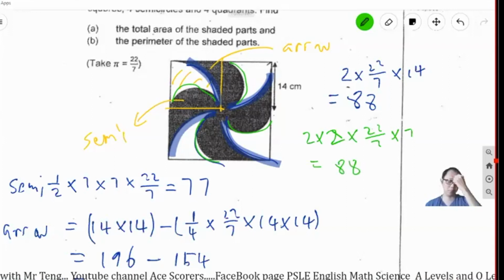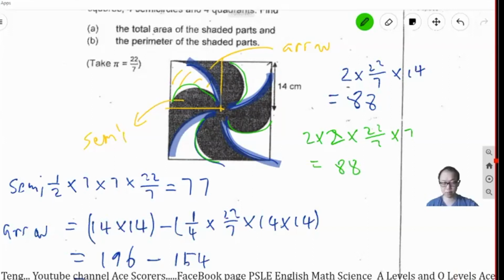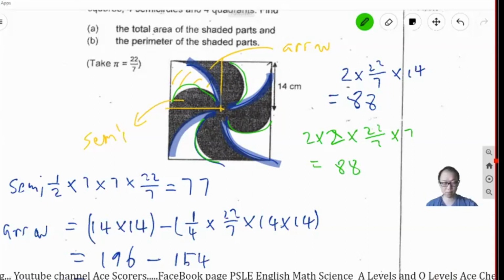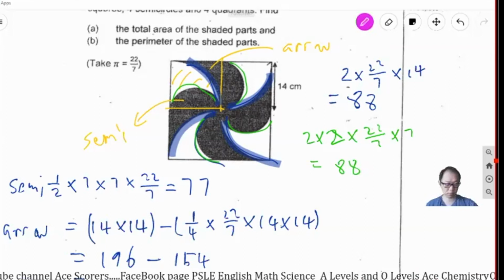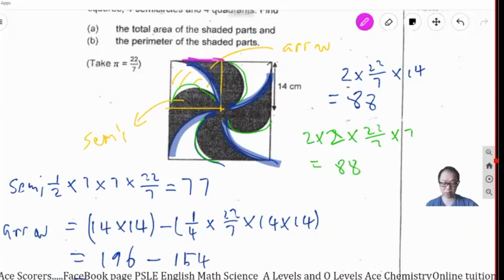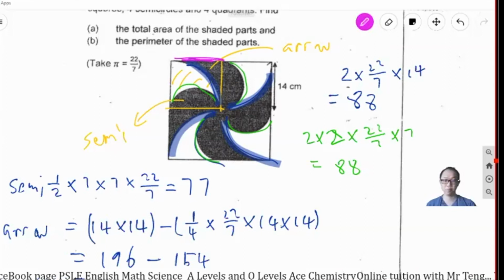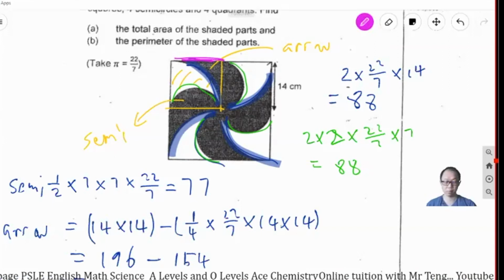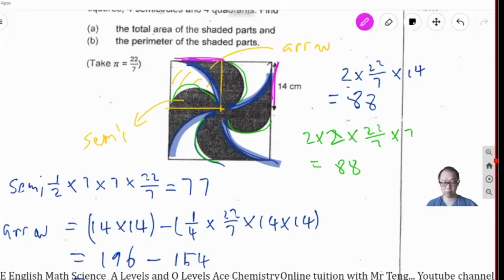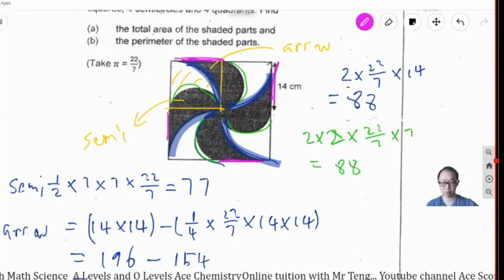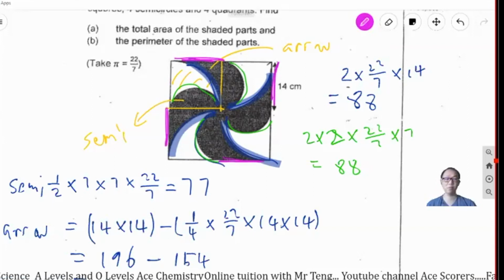Okay, next we have this purple part. Now what is the length of this one? It's 14, right? Purple is 14. Here's 14, here's 14, and 14. So there are 4 of them.